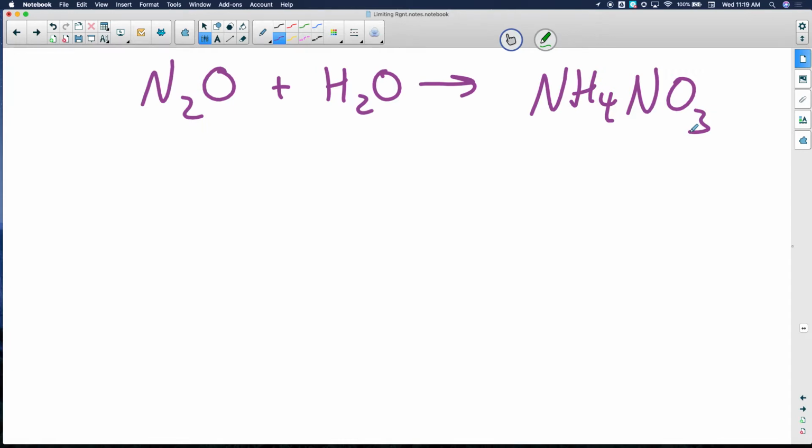Mathilde, what do I have to do to balance this? How many nitrogens do I have here? How many do I have here? So that's balanced. Nice. How many hydrogens do I have here? How many do I have here? So what do I need to do? How many oxygens does that give me from this molecule? And from this molecule? For a grand total of? And how many do I have over here? So it's balanced.